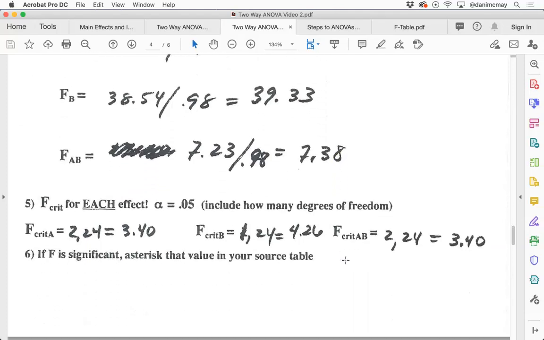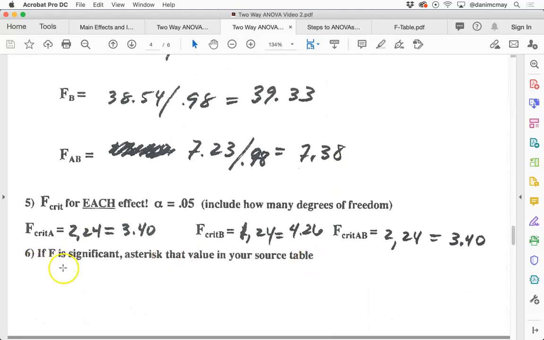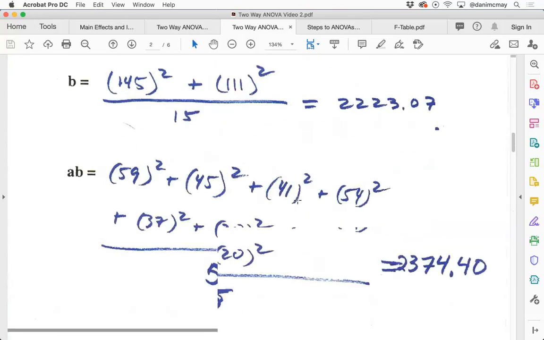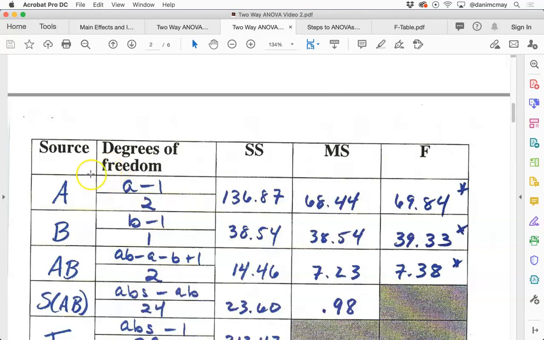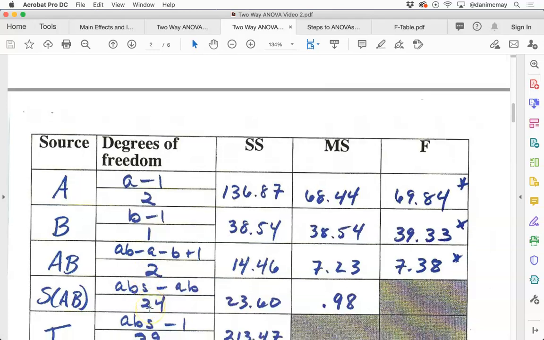All right, so then we have to get our critical values so that we know whether these are significant or not, okay? So we go the F crit for the A and the error term, the B and the error term, and again, the AB and the error term. So if you go up here with the degrees of freedom, it's going to be 2 and 24, 1 and 24, and 2 and 24, okay?